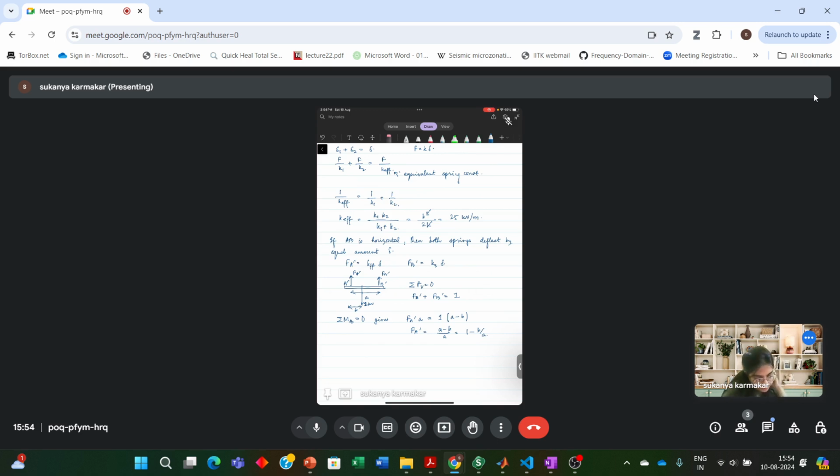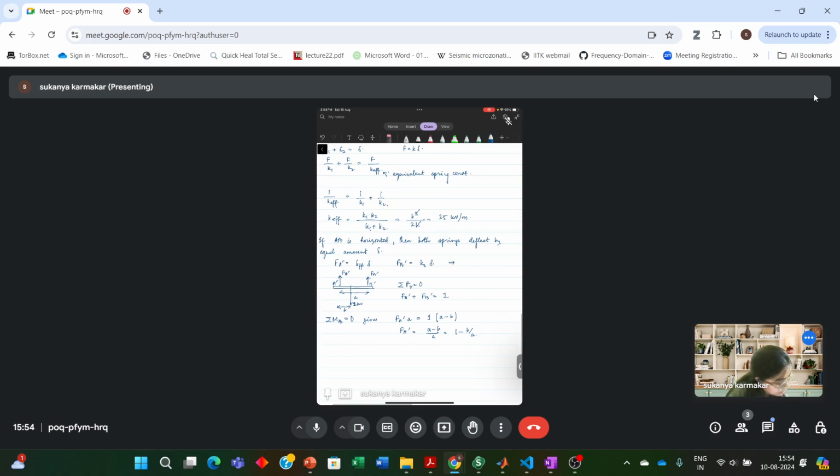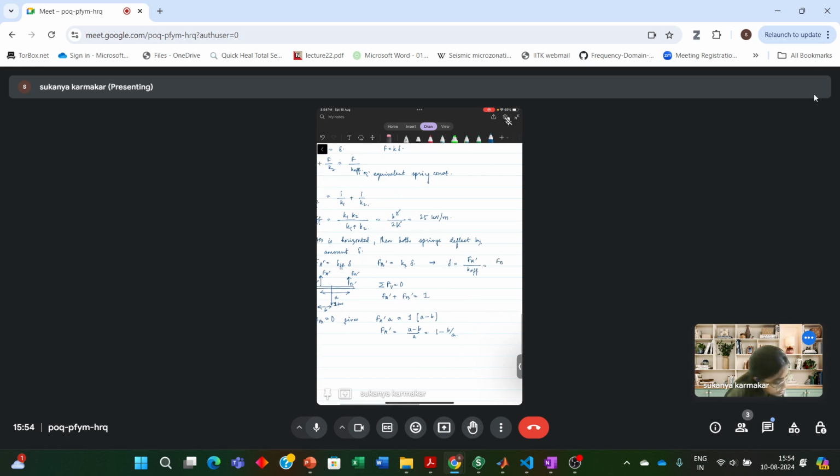Okay, from here we can write delta is equal to Fa dash by K effective is equal to Fb dash by K3.